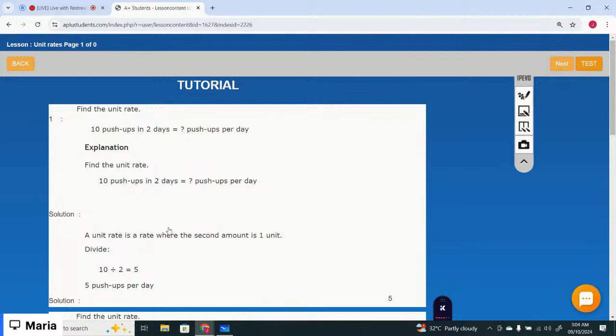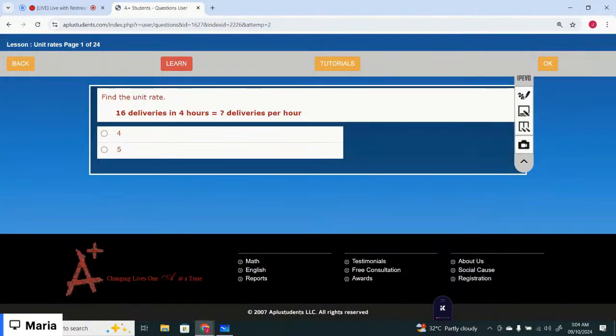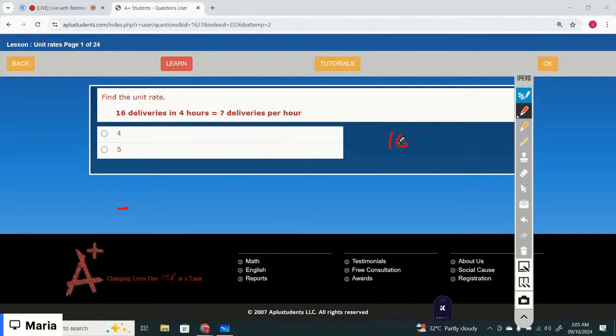Let's just start with the test questions. Find the unit rate. 16 deliveries in 4 hours. You need to find the deliveries per hour. So that is 16 divided by 4.